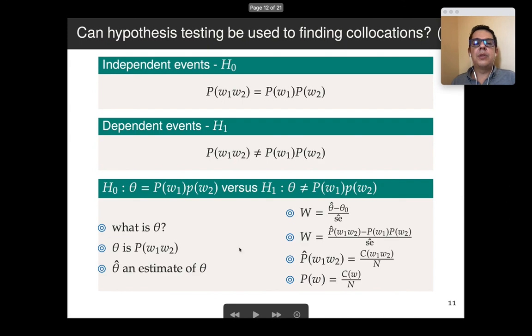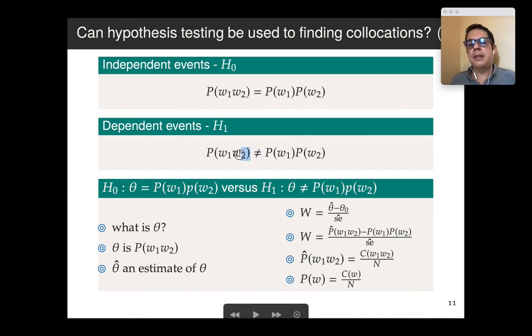Now, I have discussed what happens if they are independent events, which is the null hypothesis. So if they are not independent, what does it mean? Well, we are seeing here an equality sign, so if they are not independent, then it is the contrary: they are not equal.